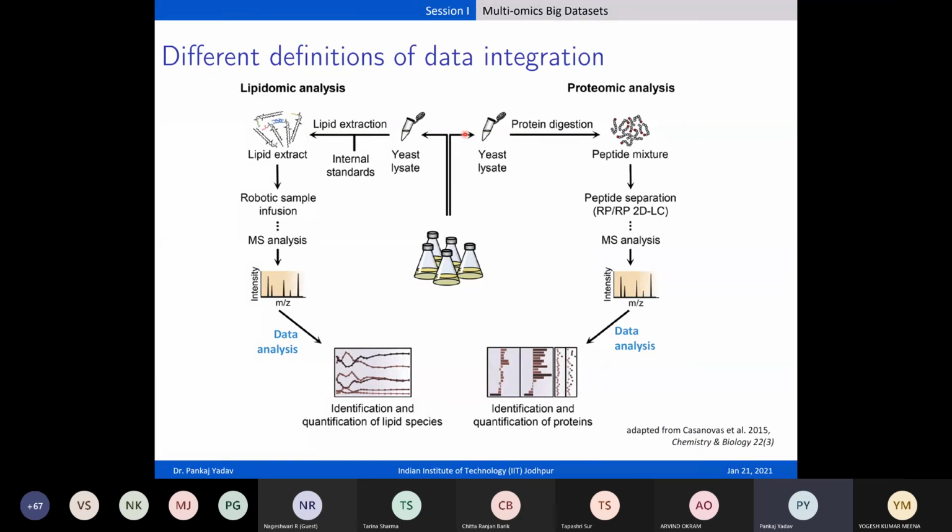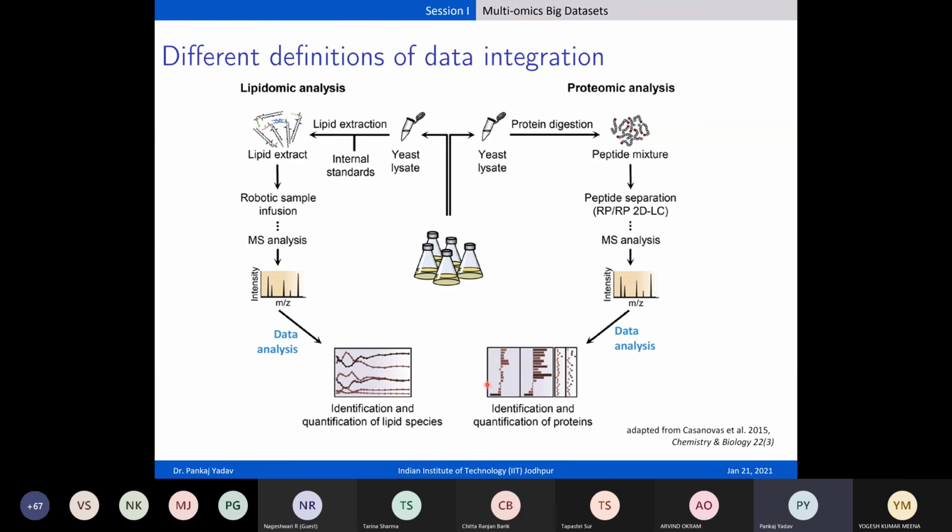On the other hand, with the same kind of samples, you can also make a protein expression profile, protein identification and quantification. You follow a different set of protocols, and then you get similar identification and quantification for proteins.